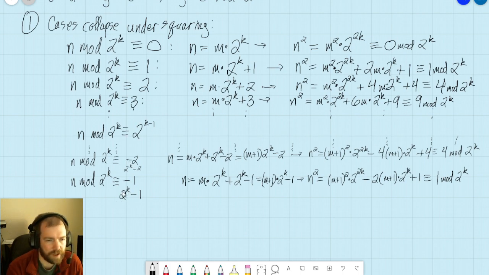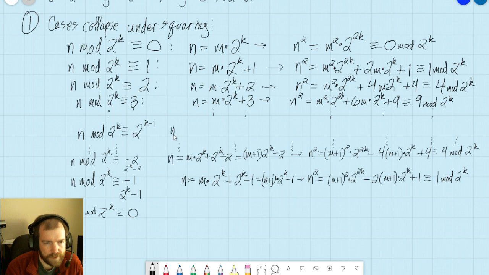Our 2 to the k value would technically be the last one here, but that ends up being equivalent to 0. So anyway, I think the middle of the modulus list should be 2 to the k minus 1.